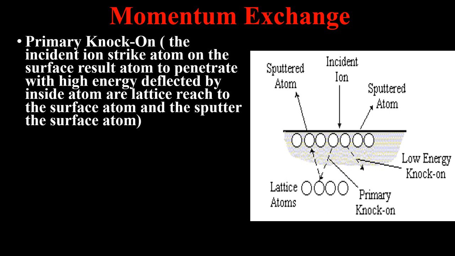Due to its higher energy, the traveled atom results in removal of the atom present at the surface of the source material as sputtered material. So this is the primary knock-on mechanism.